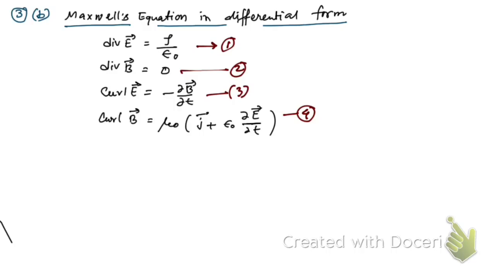So now let me explain these equations one by one. So what is equation number 1? This is nothing but Gauss's law. So equation number 1 is Gauss's law for electricity.